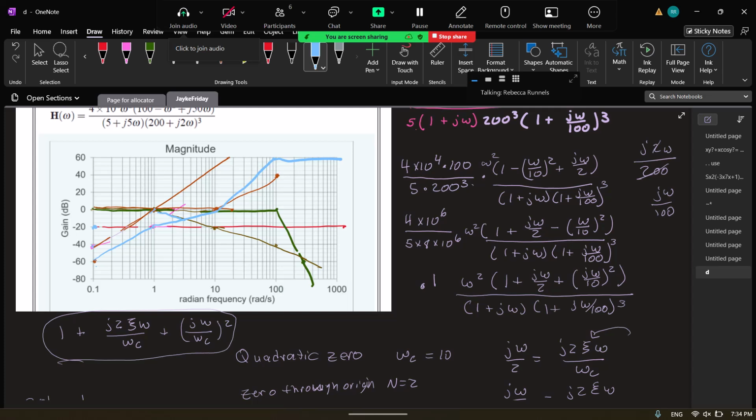Okay, other questions? When you have the blue line, when you get to 10, is this slope positive 60?